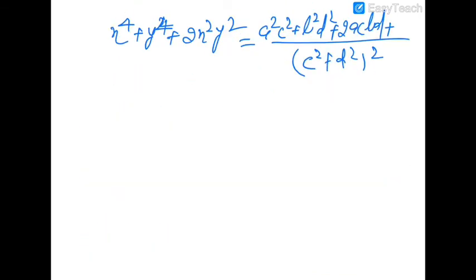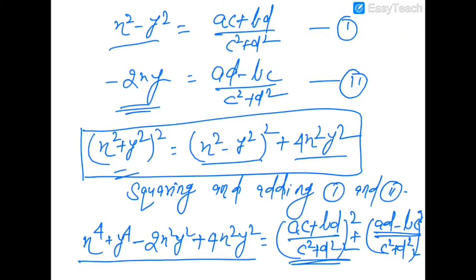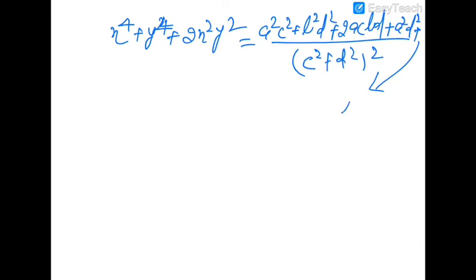So it will be written as A²D² + B²C² minus 2ACBD, this much.